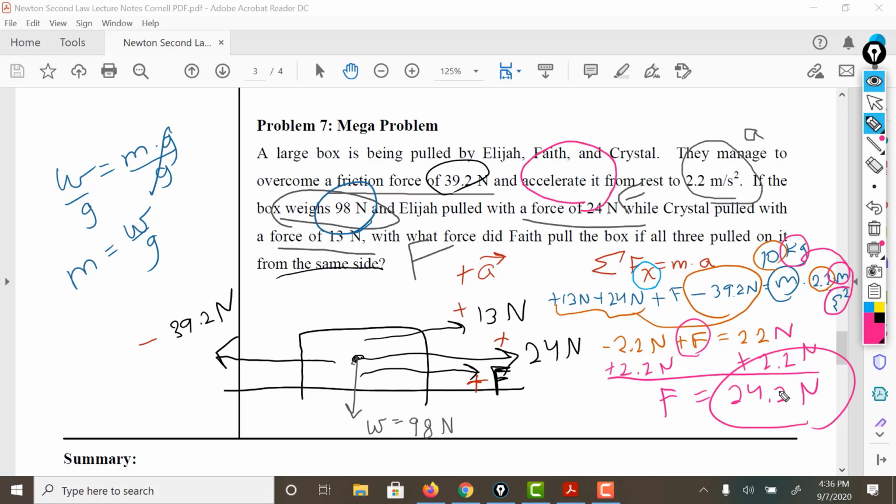Make sure you understand why the three forces going to the right are positive and why the one on the left is negative. It would be wise for you to go back and rewatch this and maybe even try this problem again on your own, or just rewatch it to better understand the process. On a scale from 1 to 10 for this class, this is probably a 6.5 or a 7.